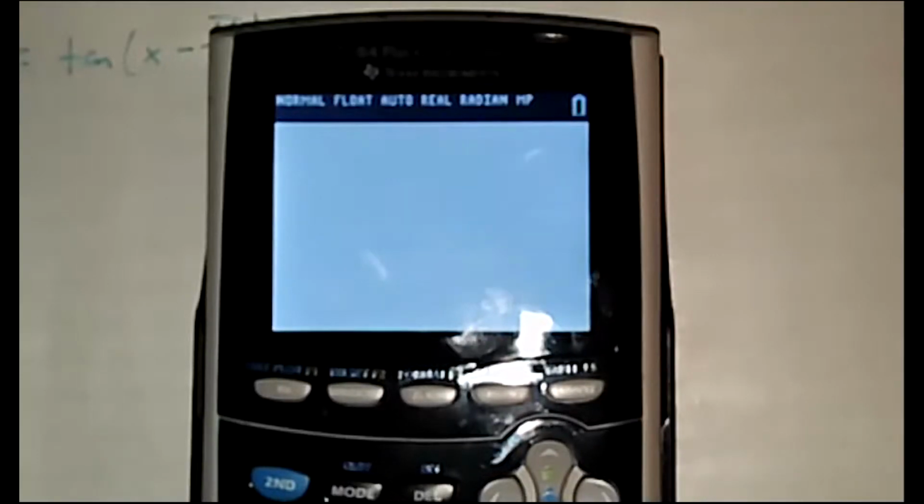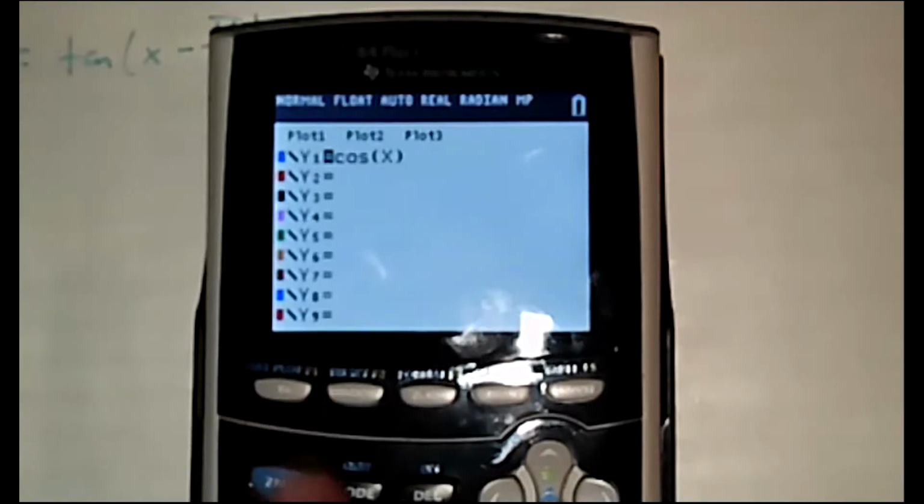Can you see this? Yes. Okay. So secant, you have to remember, what does secant mean? Well, it means 1 divided by cosine. And then you graph it.